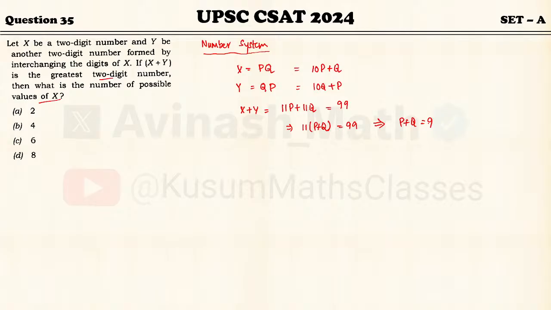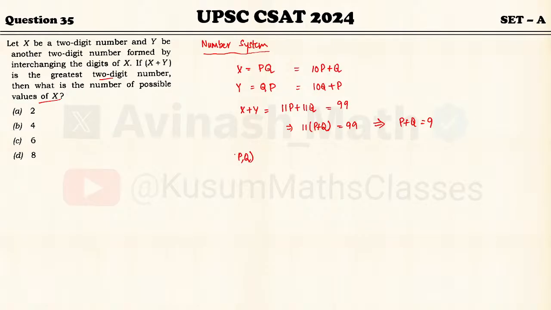So what the question is asking: what is the number of possible values of p? Possible values of p depend on p and q. So p plus q is 9. What would be the combinations of p and q?